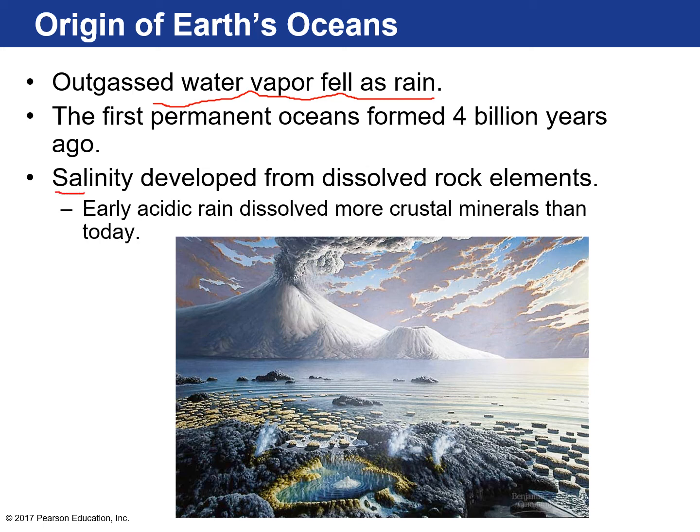The reason why the ocean's salty is because that rainwater dissolved the exposed rocks, and the weathering of the exposed rocks brought a lot of the dissolved solids into the water, and that's what makes it salty. Okay, so this is an artist's rendition of what early Earth would have looked like.